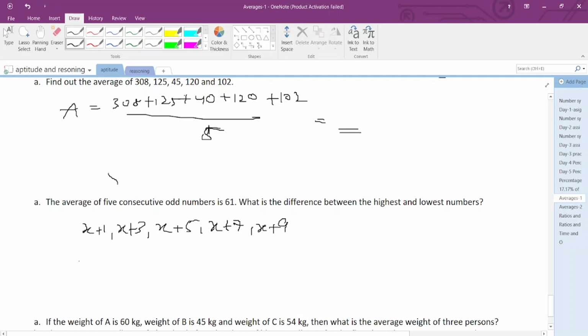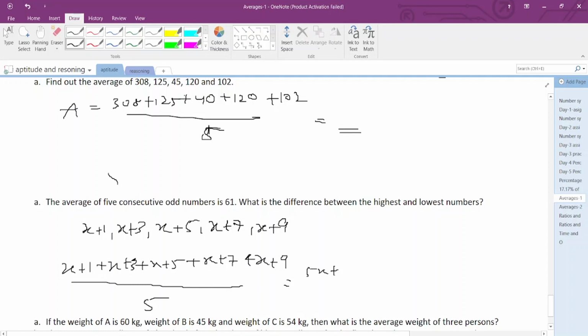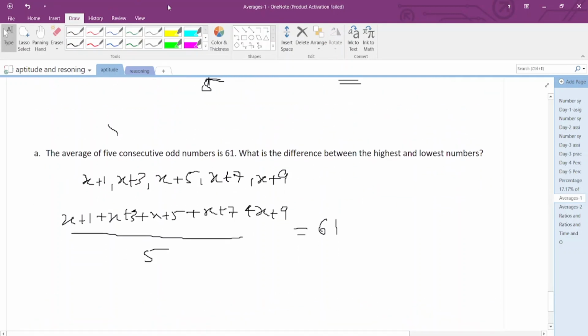What is their average? That means the sum of all divided by the total, 5 numbers, right? So what is the answer here, 5x plus 25. Here the average, he said, of the 5 consecutive odd numbers is 61. So now solve. Once you add, you get 5x, and 1 plus 3 is 4, 9, 9 plus 1 is 16, 16 plus 9 is 25. 25 by 5 is equal to 61.